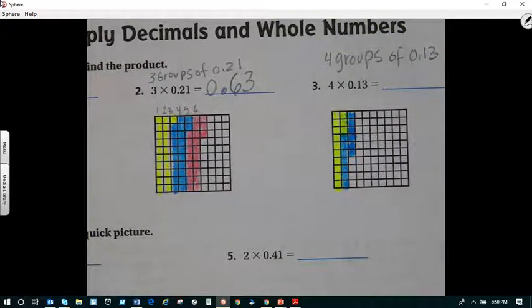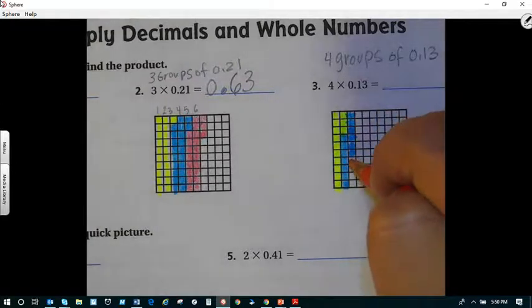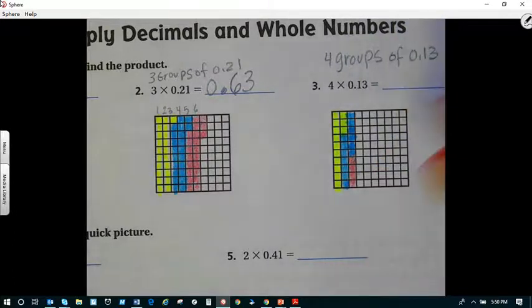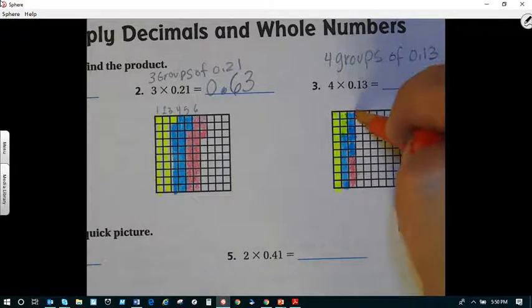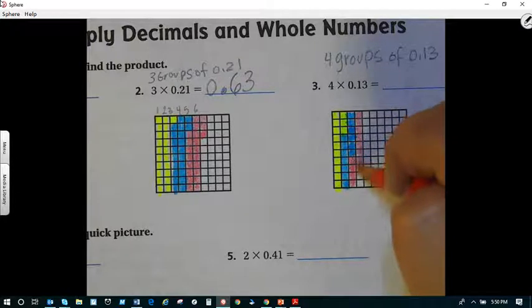The next one I'm going to do is shade in another group, but here I'm left with 1, 2, 3, 4, and I can still keep going: 5, 6, 7, 8, 9, 10, 11, 12, and 13.